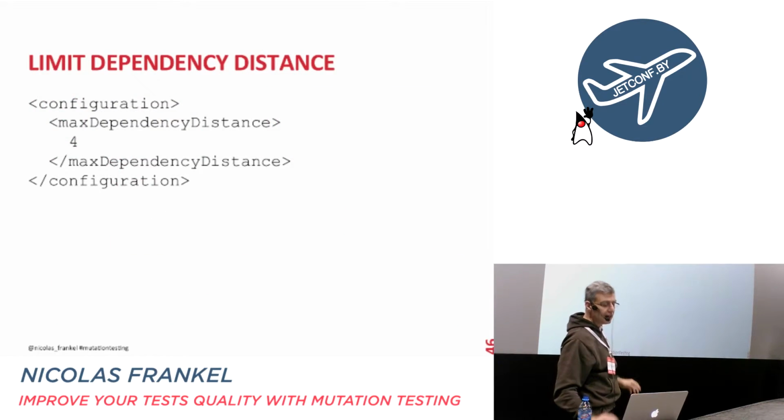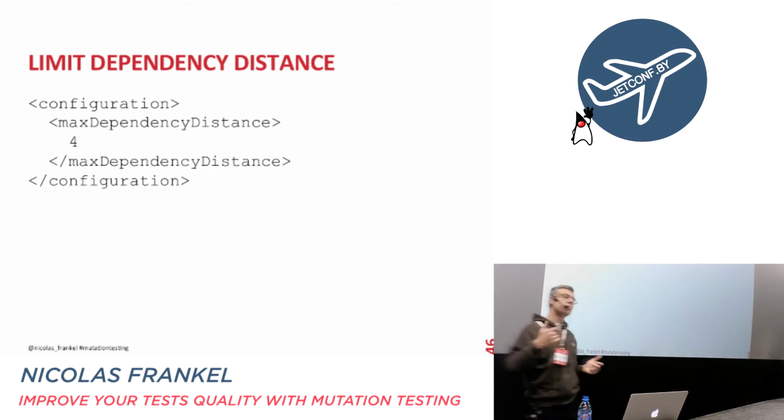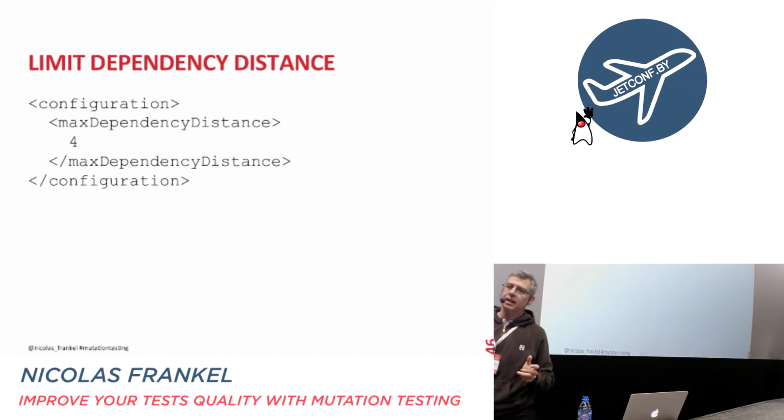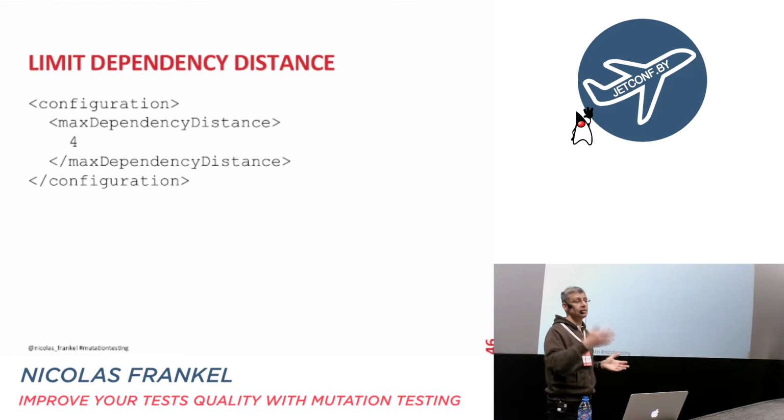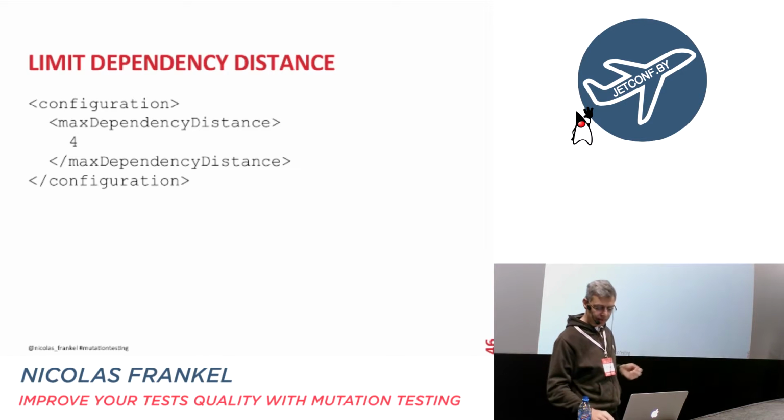So you can limit the dependency distance, because probably if the dependency distance is above 5, 6, I don't know, probably it limits the ripple effect. Probably it won't affect the run of your code. Probably. But you have to check yourself.